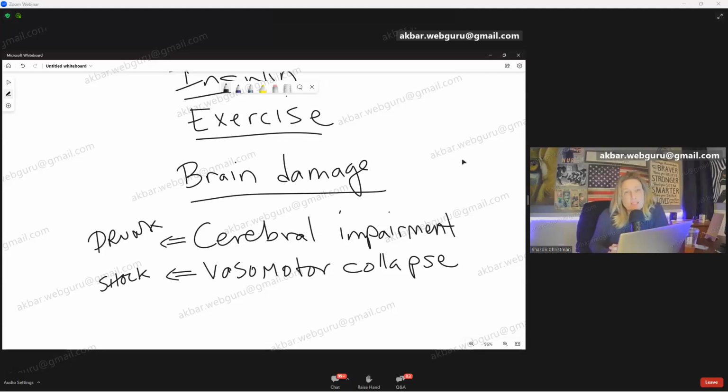The reason we teach it this way is because we don't want you to memorize a list. There is no definitive list anywhere that says what hypoglycemia looks like. The reason they have symptoms is because of cerebral impairment and vasomotor collapse.